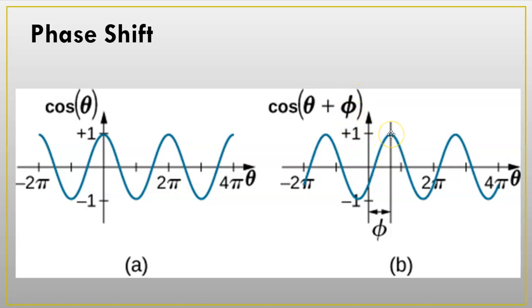So normally it would start here. When I add an angle, it actually shifts the starting point, if you will. If I start at 0 here, well, cosine of 0 is 1. So I've still got that same 0 right here, but now my phase angle is pi over 2 or something, right?